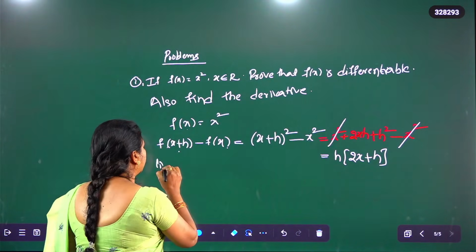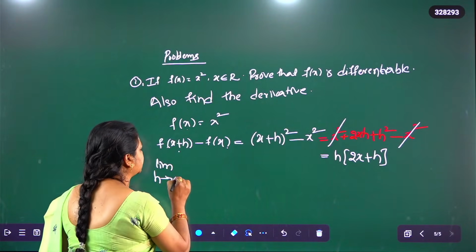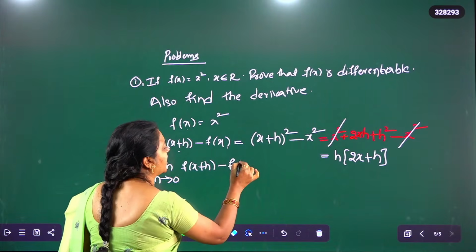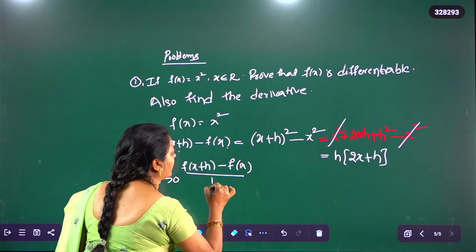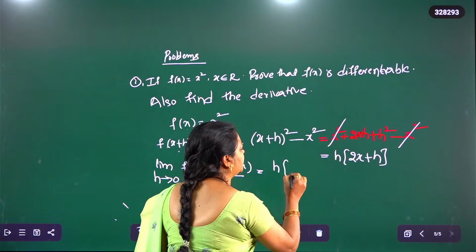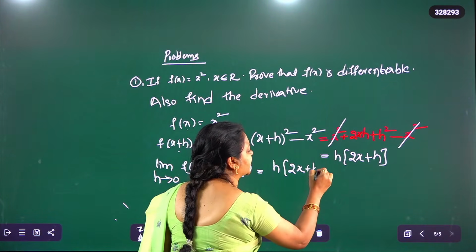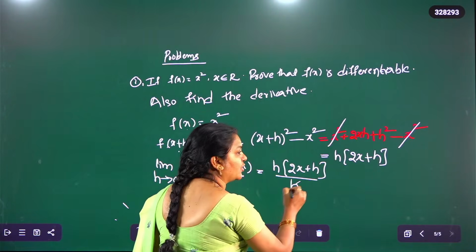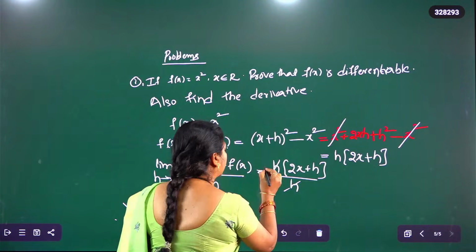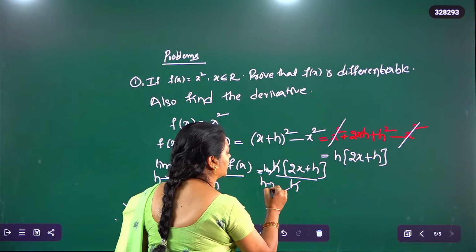Now, in limit h tends to 0, this is our derivative principle. We should not forget this. This is the main concept. f of x plus h minus f of x by h is equal to h into 2x plus h by h. So h will get cancelled.